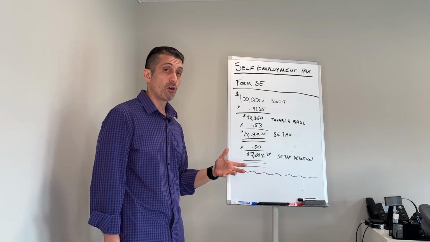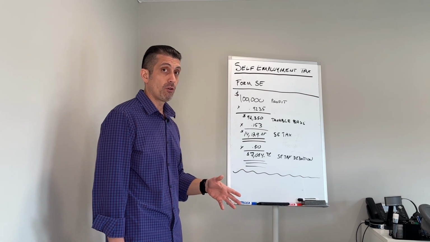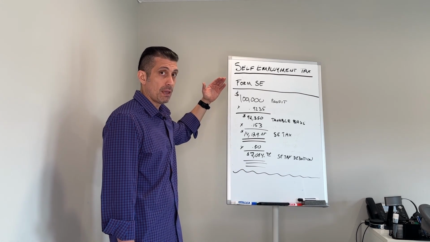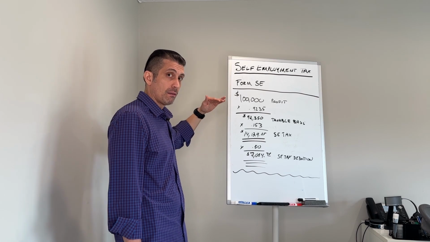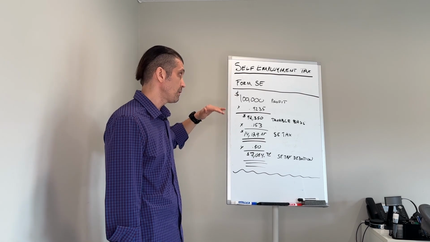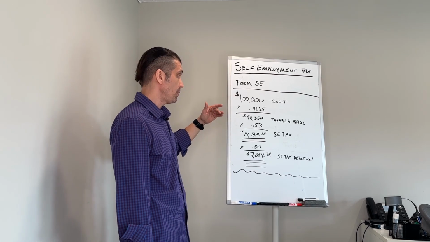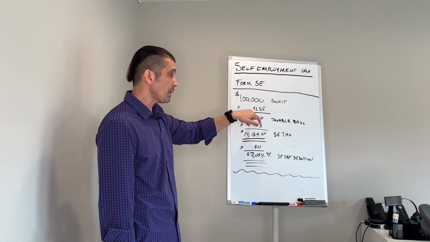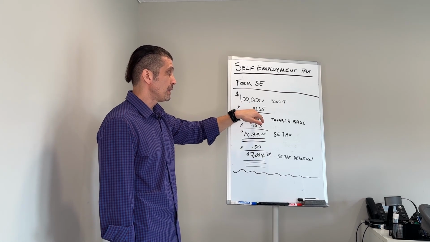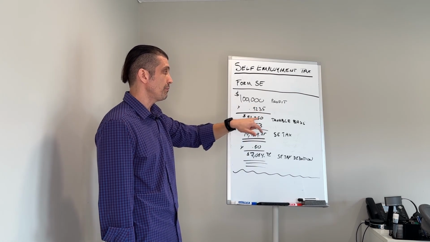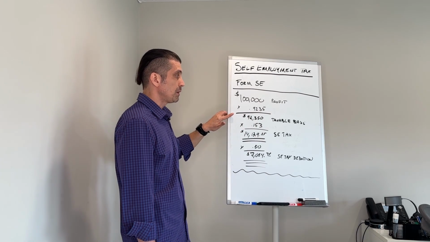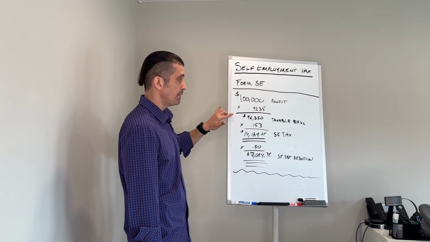If you go on Google and type in Form SE, you'll be able to identify each line and see exactly what it's doing. This is basically what the forms do. They take the profit, they reduce it to 92.35%, and that's what I'm going to call the taxable base for self-employment tax.